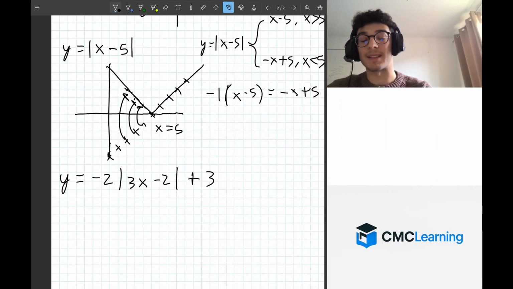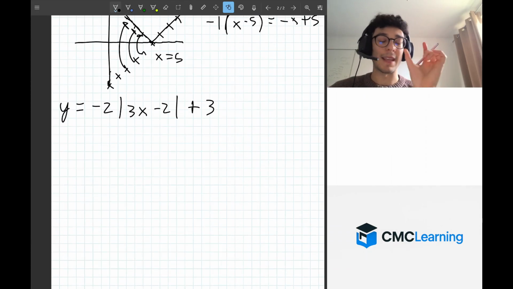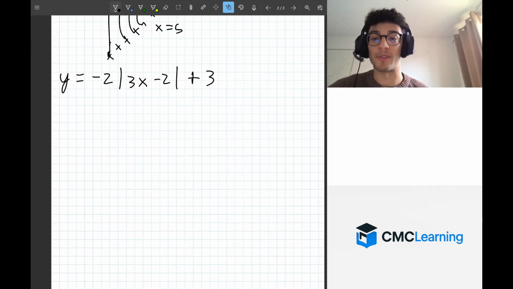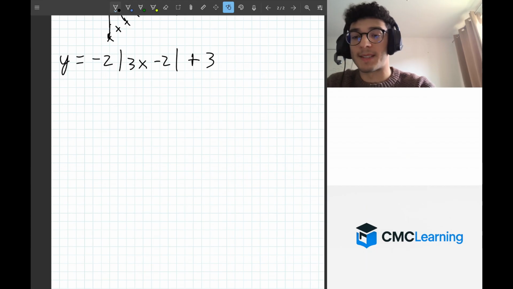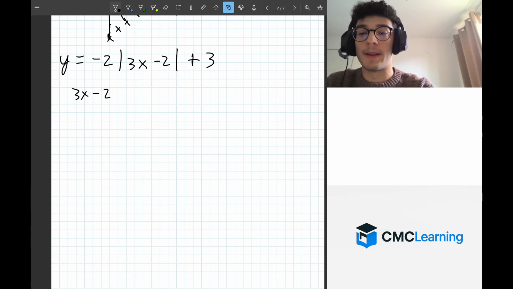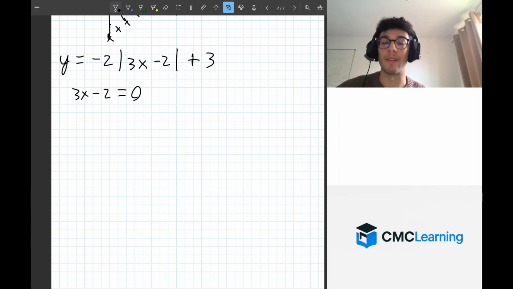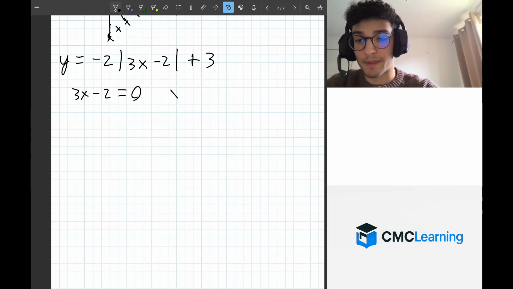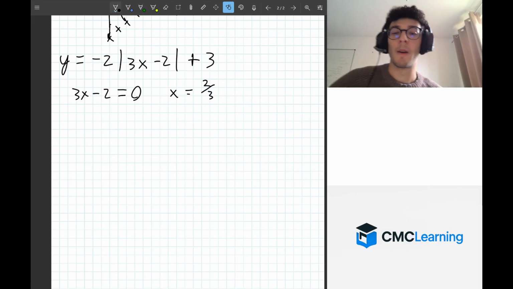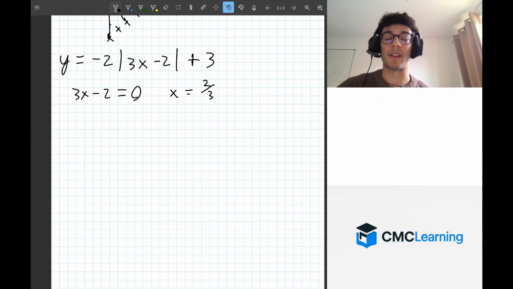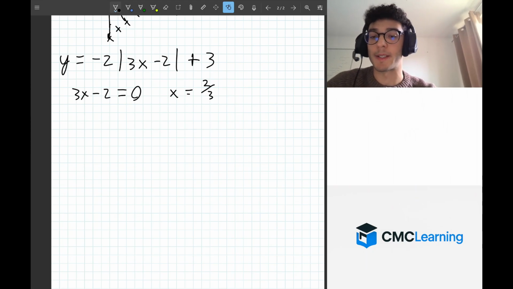As we said previously, that happens when the inside of our modulus function is equal to 0. So let's have a look here. Essentially what we need to find is the value of x when this is equal to 0. This we can find quite nicely as equal to 2 over 3. Okay, we treat this as our turning point, which is quite nice.